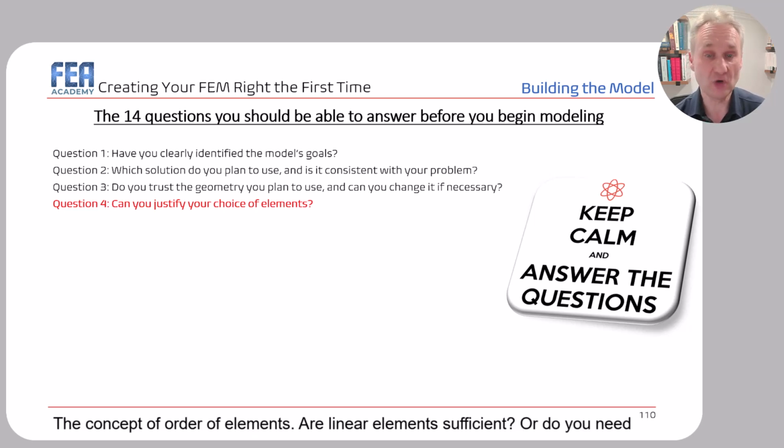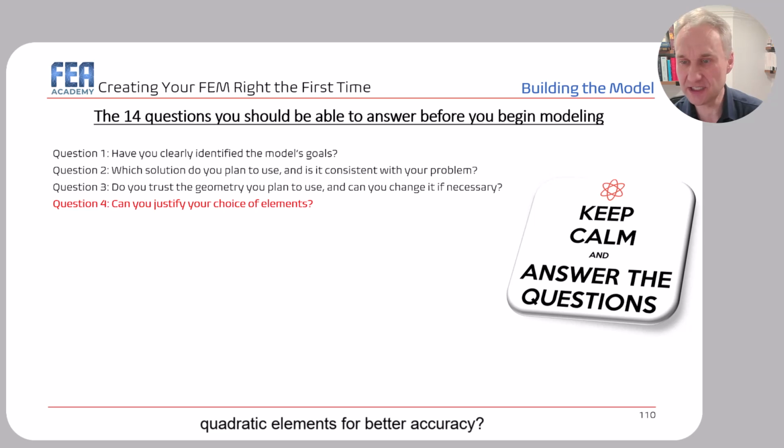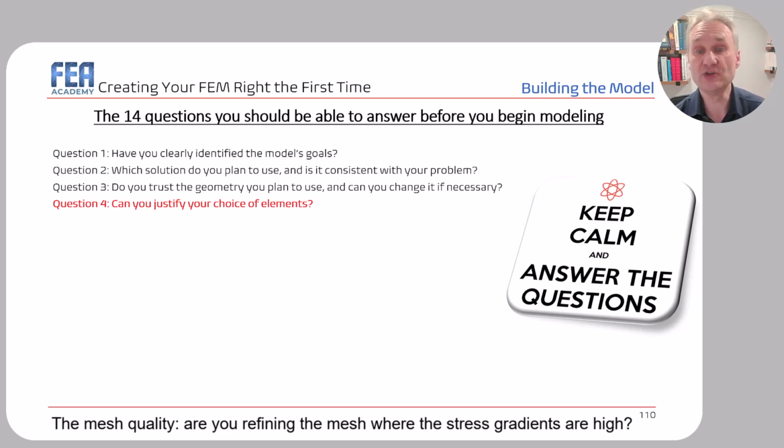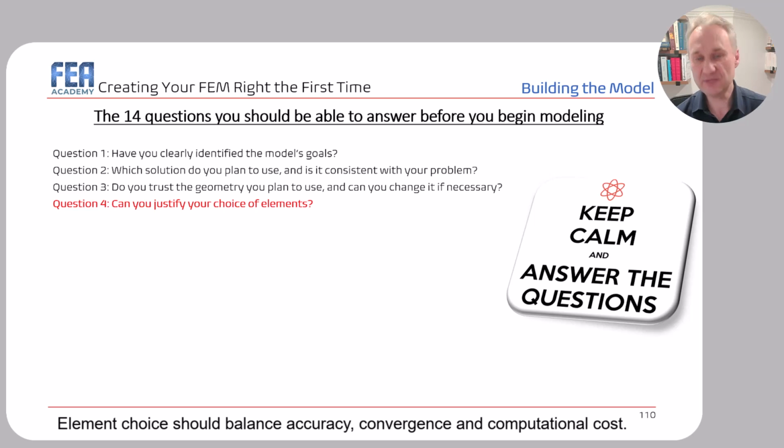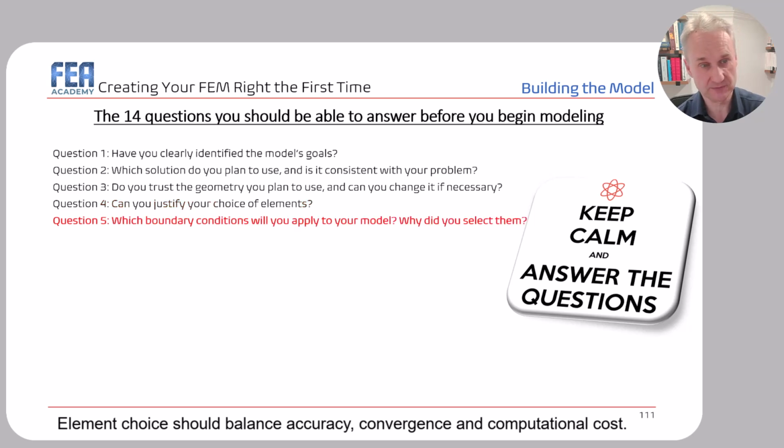The concept of order of elements: are linear elements sufficient, or do you need quadratic elements for better accuracy? The mesh quality: are you refining the mesh where the stress gradients are high? So, element choice should balance accuracy, convergence, and computational cost.